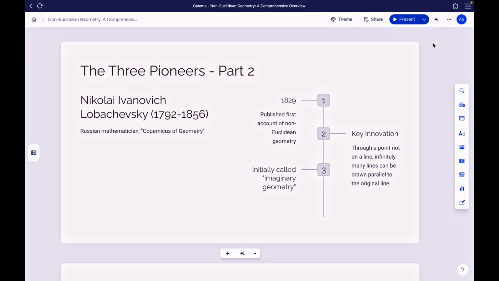In 1829, he published the first account of non-Euclidean geometry. And as I said earlier, Gauss had many insights, but he never published. His key innovation was that through a point not on a line, infinitely many lines can be drawn parallel to the original line.